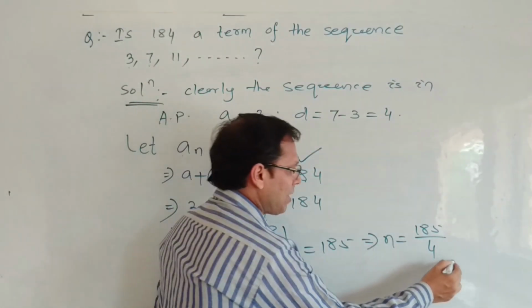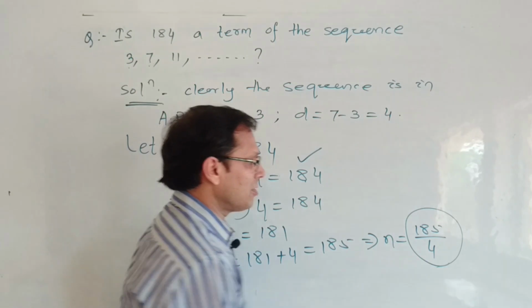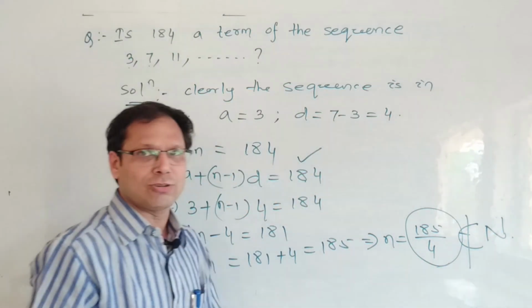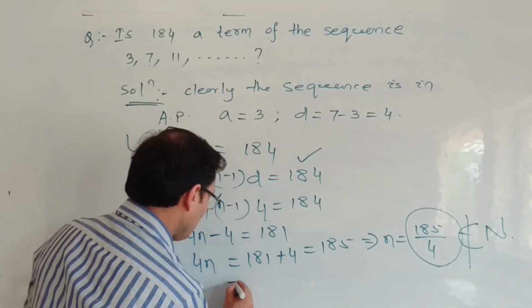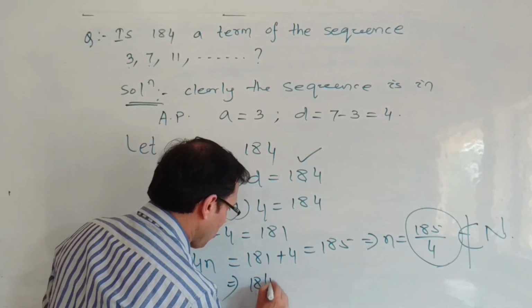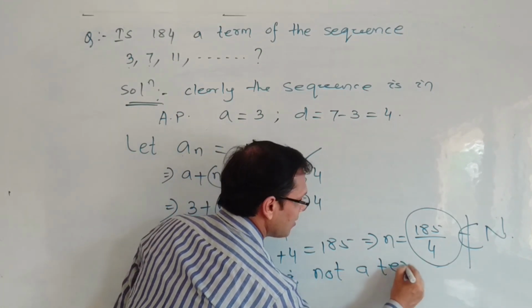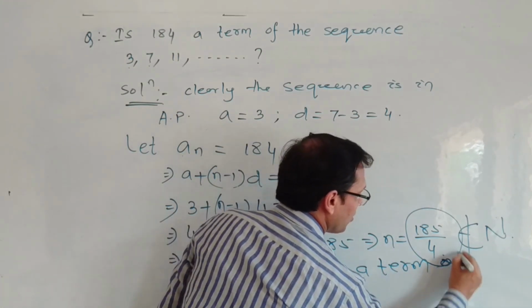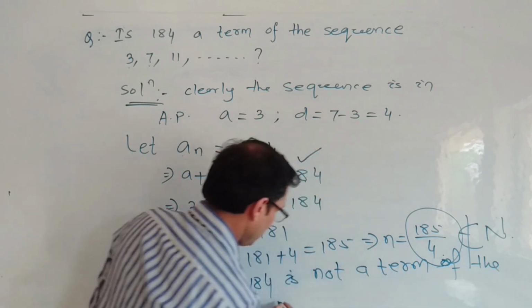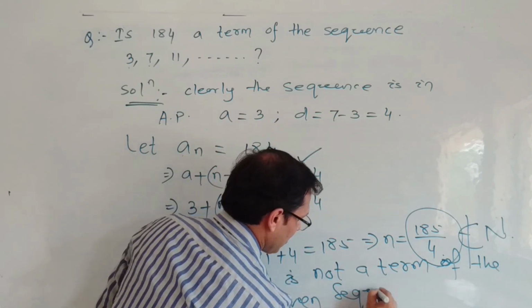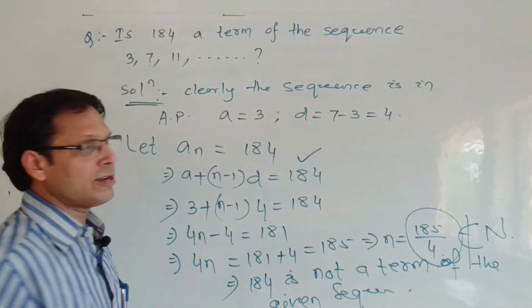Since this is a fractional number, not a natural number, it does not belong to the set of natural numbers. That implies 184 is not a term of the given sequence. Okay, so make it a note.